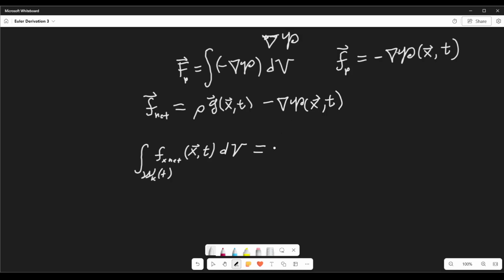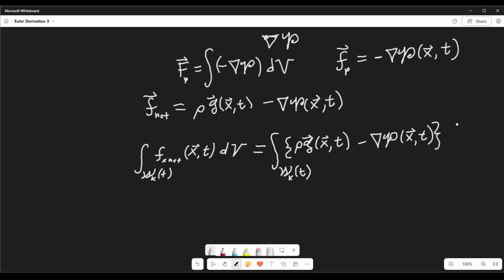So this now equals an integral over the volume around the kth particle of rho times the external force, which depends on space and time, minus the gradient of the pressure, which depends on space and time, and then there's the volume term on the outside. So that finishes the first term.